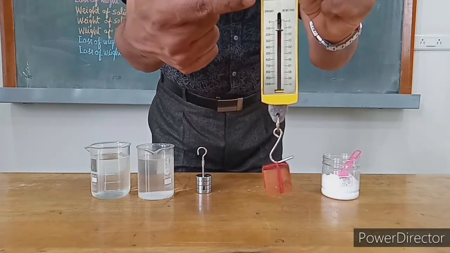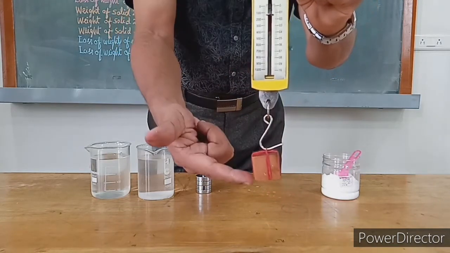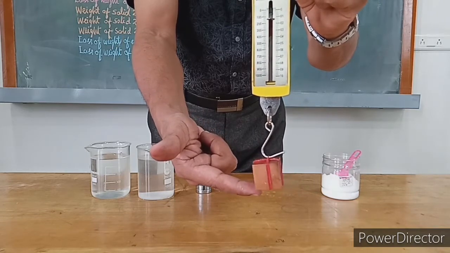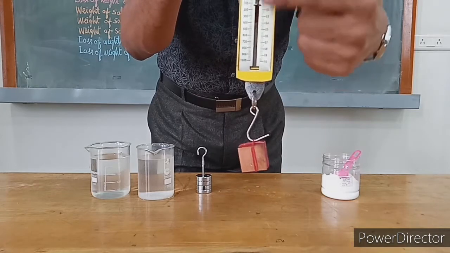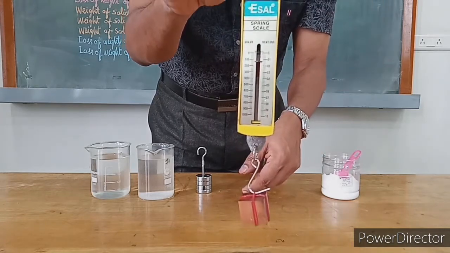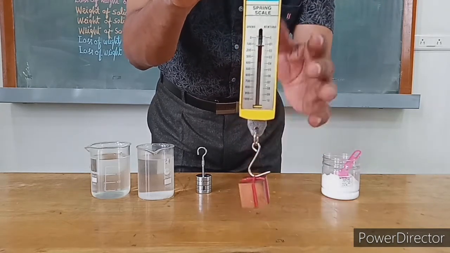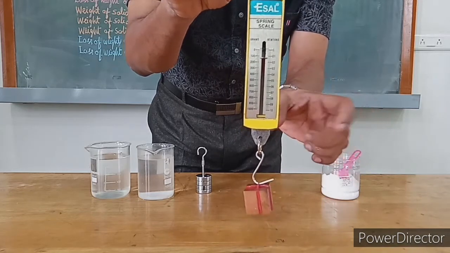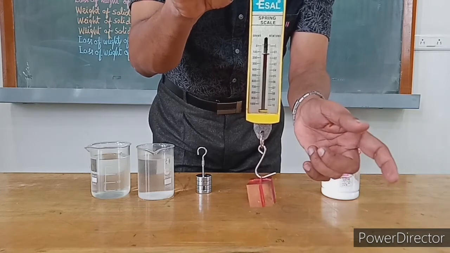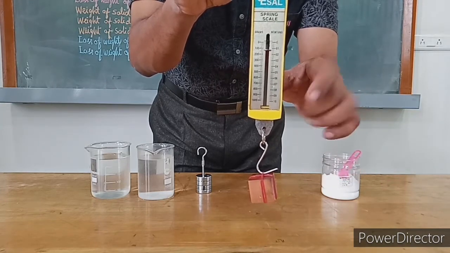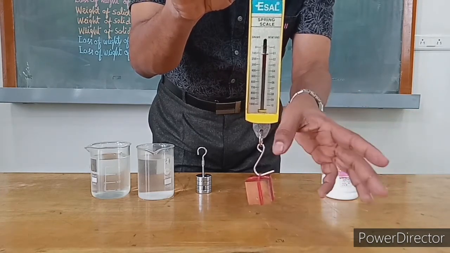Now you see the mass weight in grams, how much is it? It is 140 grams. It corresponds to m into g, where g is acceleration due to gravity. So the corresponding weight in Newton will be 1.4 Newton.